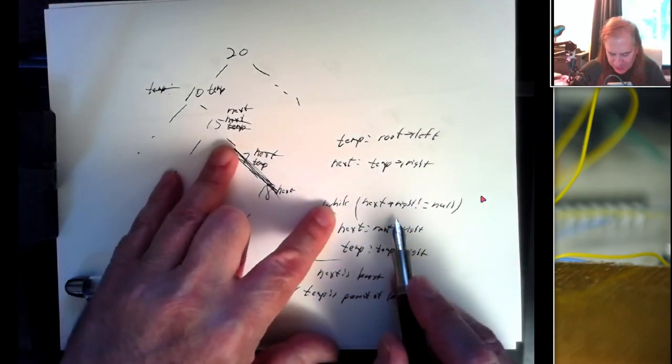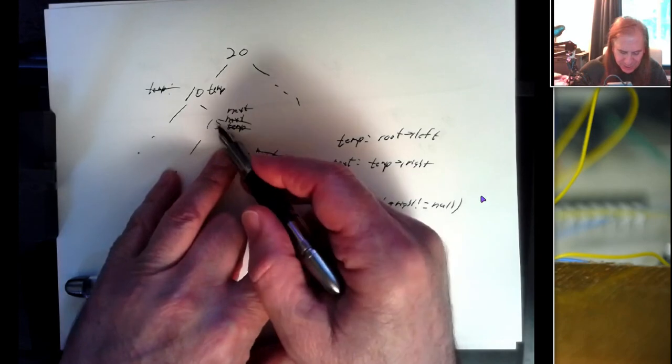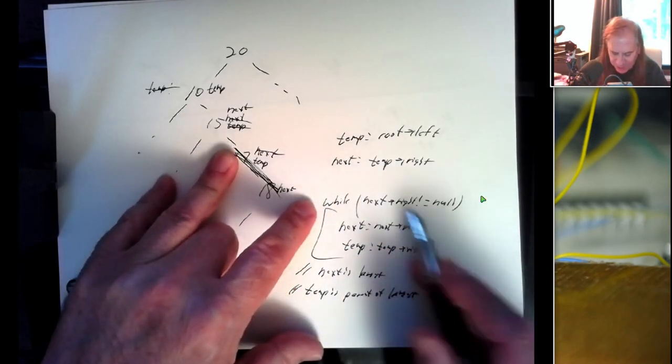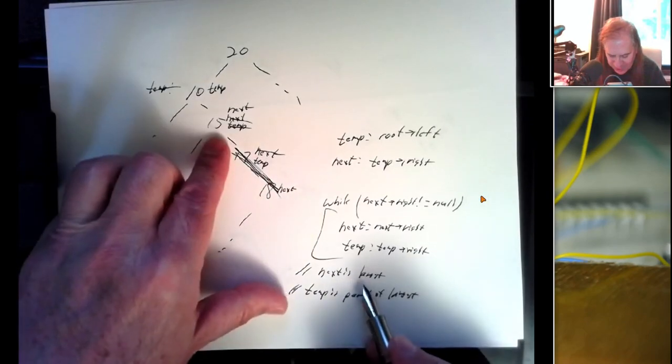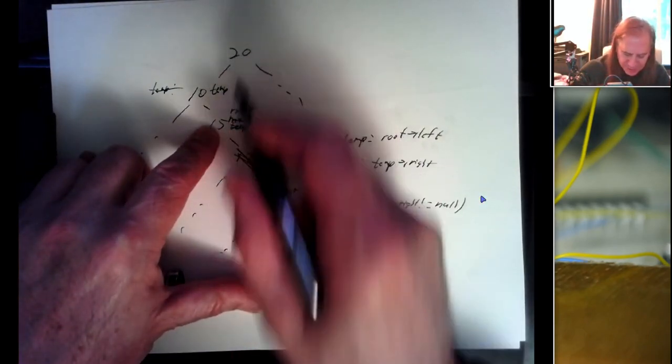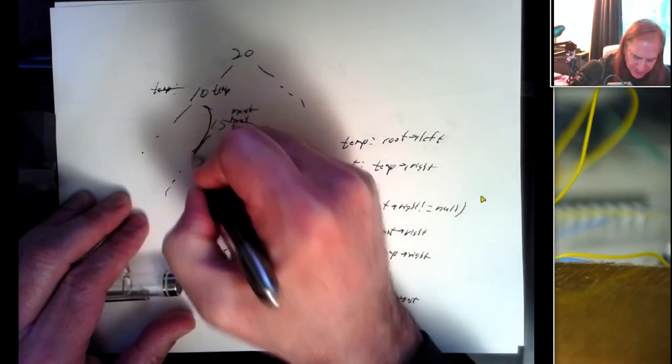And then we'd say, well, next right is not null. Well, if this is the largest node with nothing to the right, we never do this loop. And so next is the largest node and temp is its parent. So next becomes the root, and anything to the left of next gets adopted by its parent on the right.